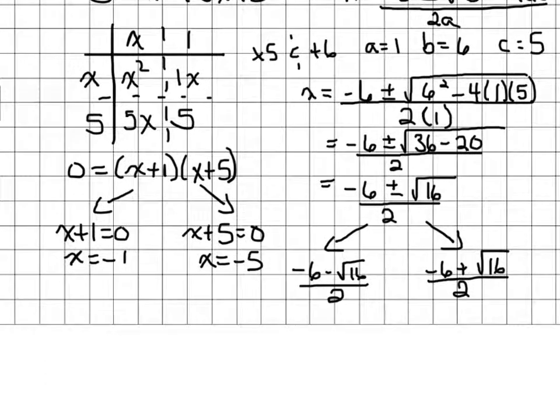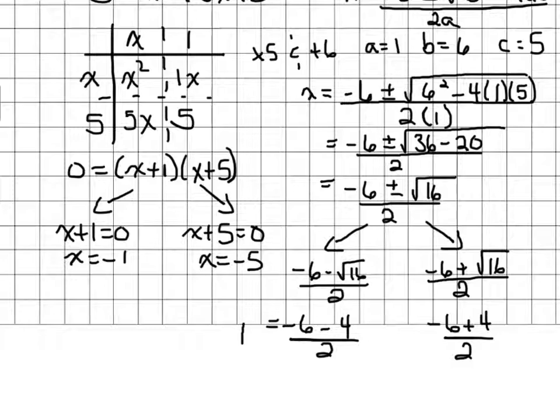The square root of 16 is 4, so I have minus 6 minus 4, all divided by 2, and minus 6 plus 4, all divided by 2.